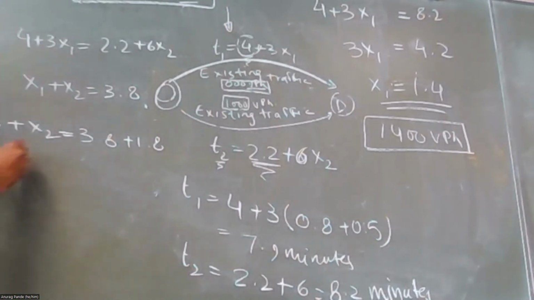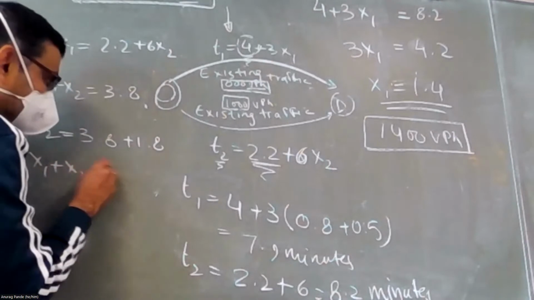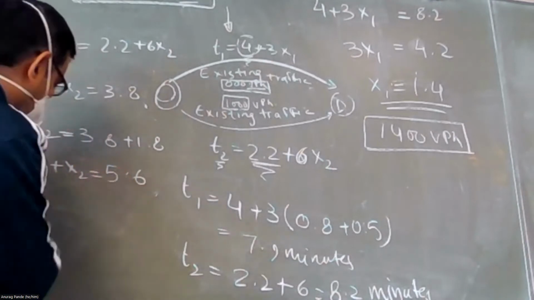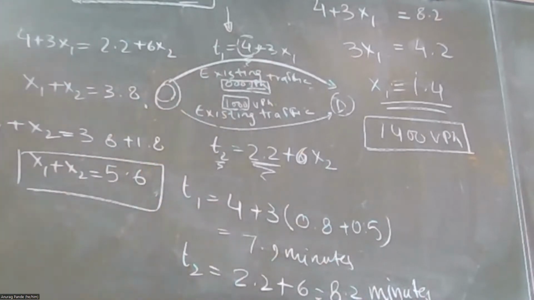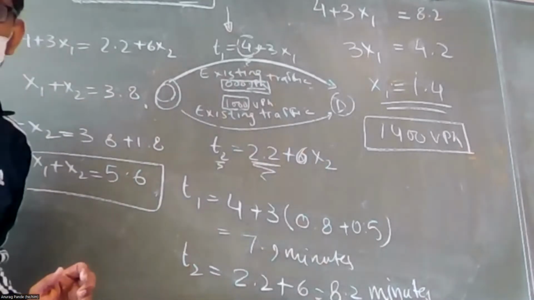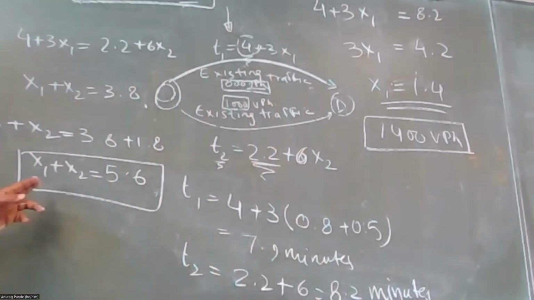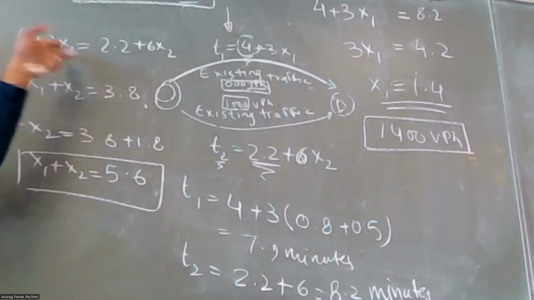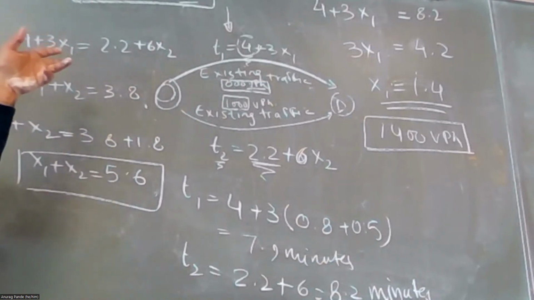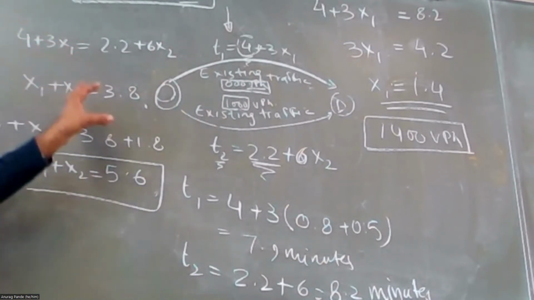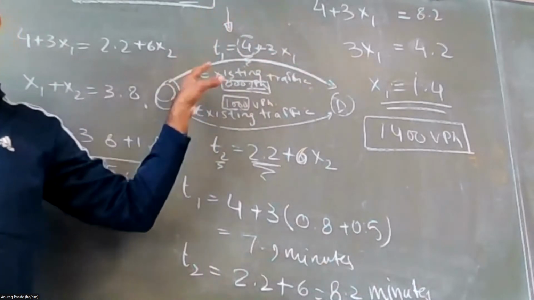Okay, so solve this problem. I want to see what answers you get. So the travel time. Now I can probably solve for this. x1 plus x2 should be 5.6. But remember, this is only applicable once you meet that threshold. Before that, you just have to make sure that you allocate all traffic to the best travel time route.